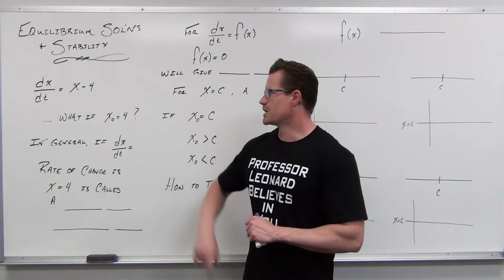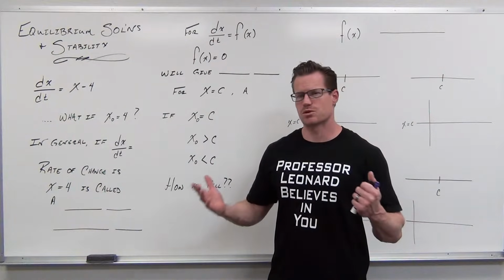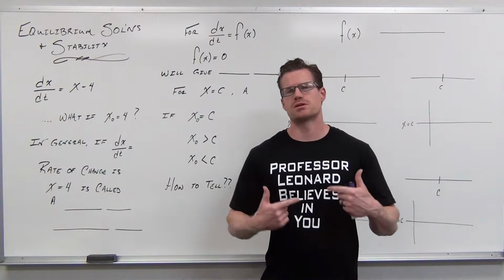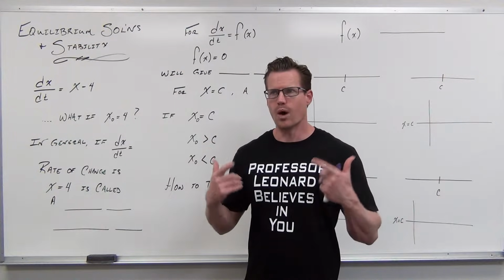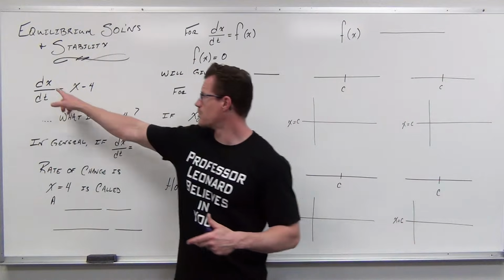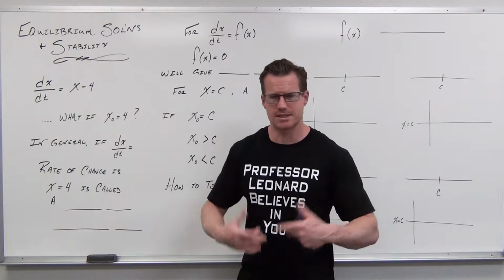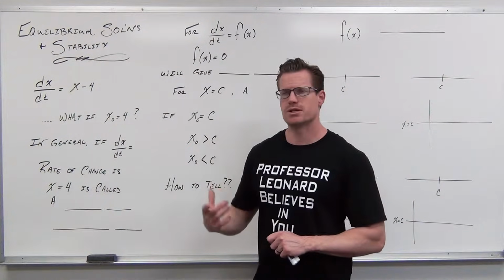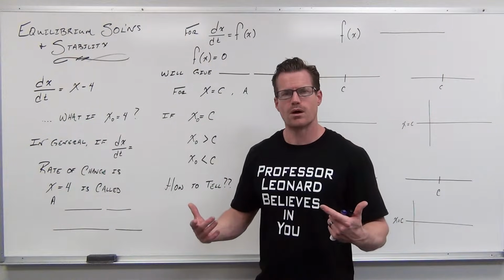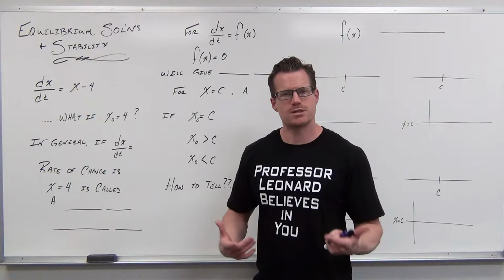Let's look at a differential equation like the derivative of x with respect to time is x minus 4. Now, here's the premise to this question. What if your initial, let's say this is a population of x, so maybe x is our population with respect to time. What if your initial population or your initial x value was 4? Well, what would that do?